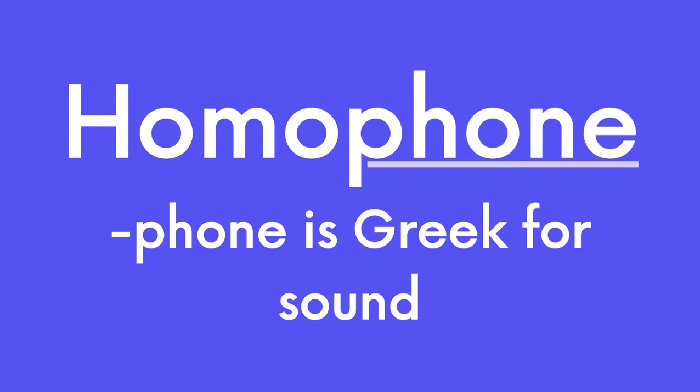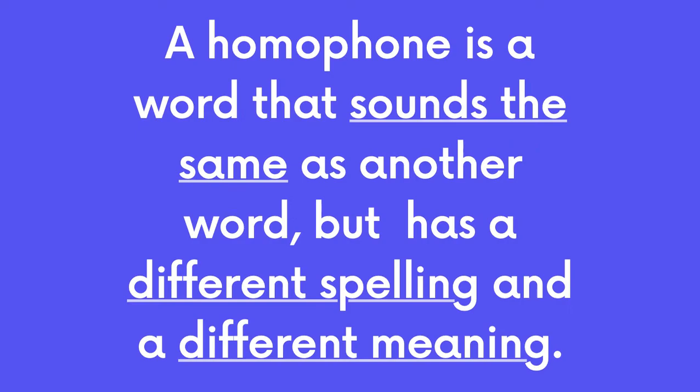So here we're talking about words that have the same sound. A more appropriate definition is that a homophone is a word that sounds the same as another word, but it has a different spelling and it has a different meaning.